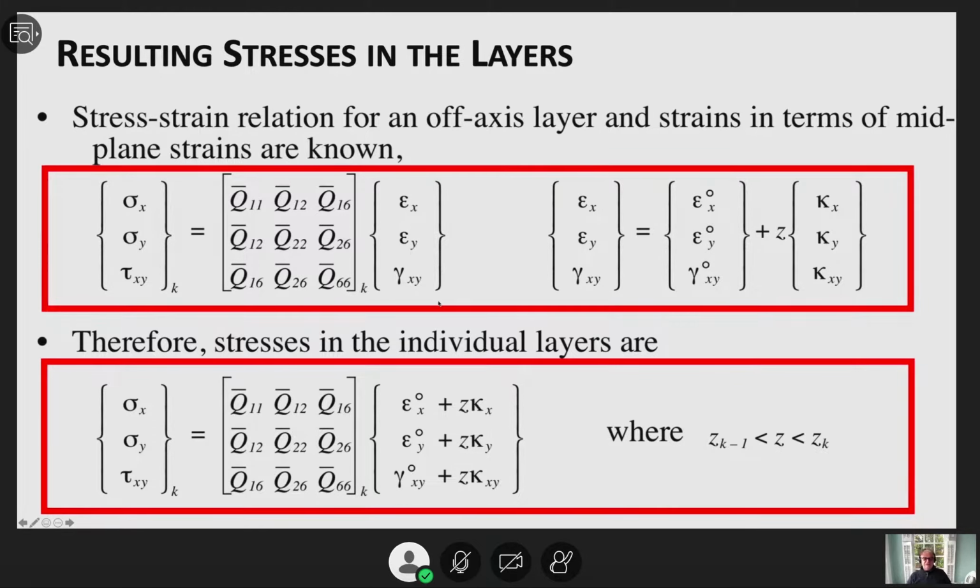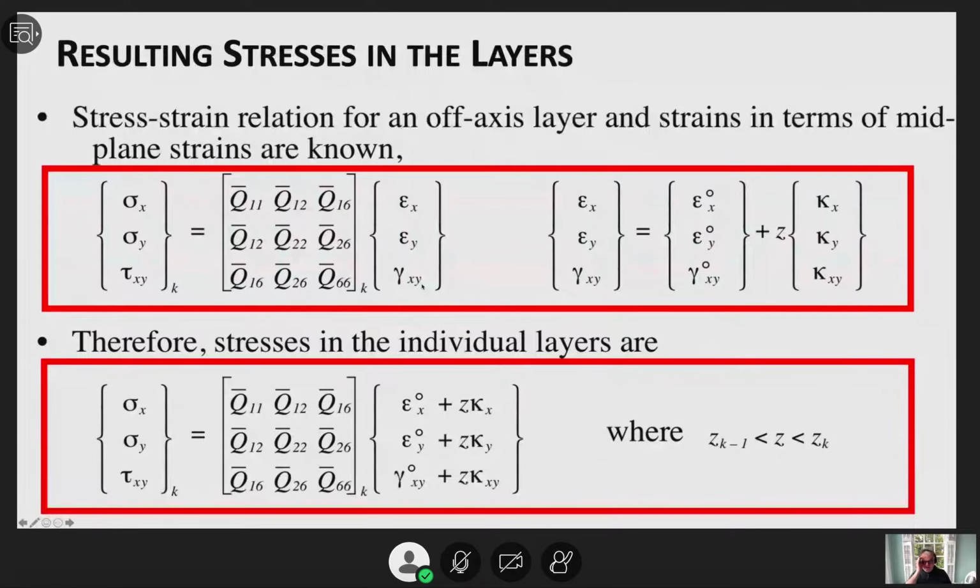Now, here, I didn't put a subscript k, but really, this is actually the strain for that particular layer.